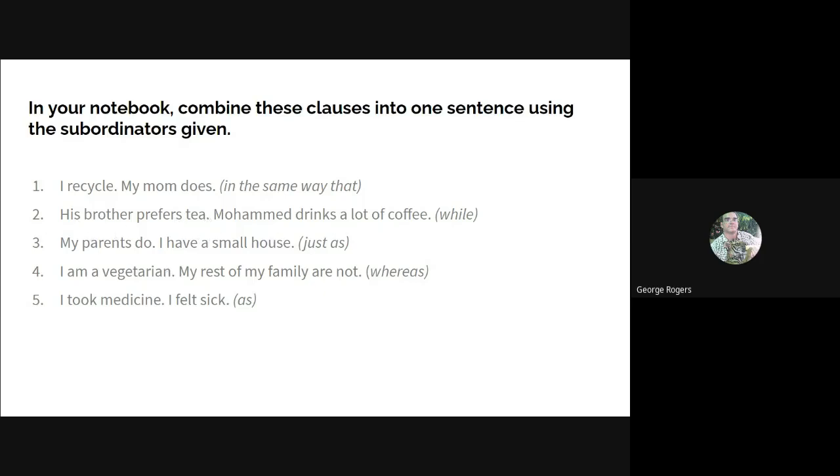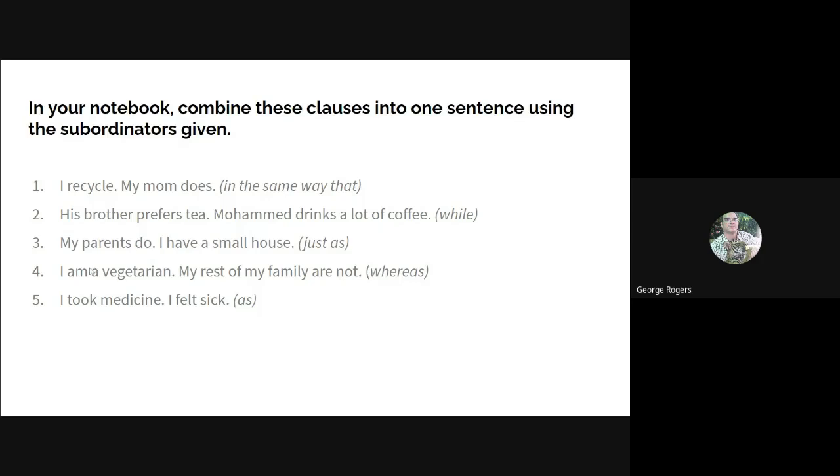Right? Now I'm going to look at 3, and you can try to do these on your own, and we'll look at them in a second on the next page. My parents do. Again, if that's all you see, my parents do what? My friends do.